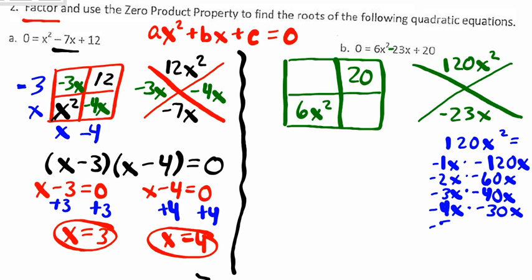Okay, at negative 5x times a negative 24x. And how do you find these factors? I'm literally just taking a calculator and doing 120 divided by negative 1, 120 divided by negative 2, 120 divided by negative 3, and so forth.